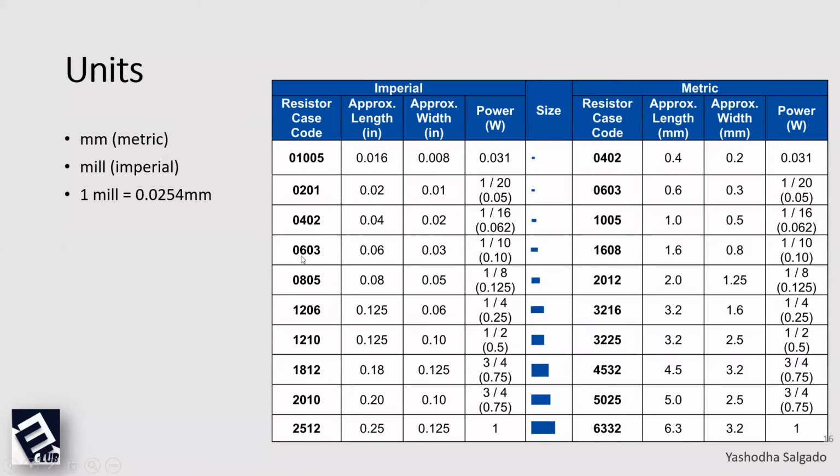For example, 0603 is 0.06 length in inches and 0.03 width in inches, right? Here is a size comparison of resistors, and the same case codes are used for capacitors as well, actually SMT capacitors.